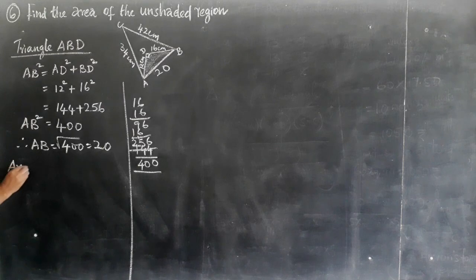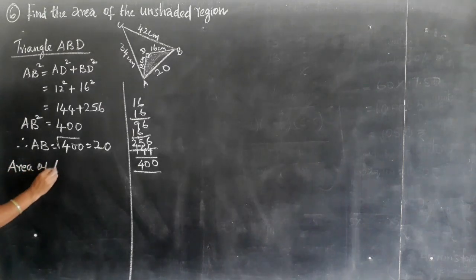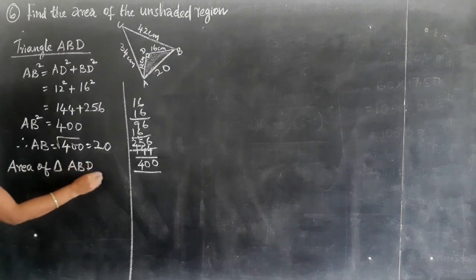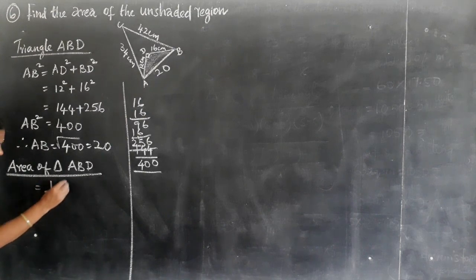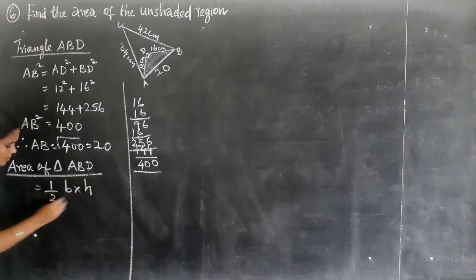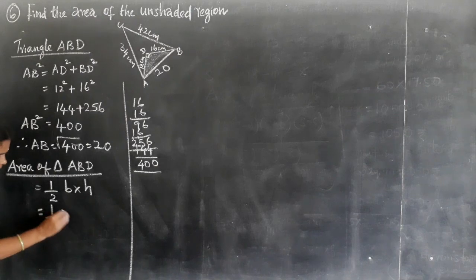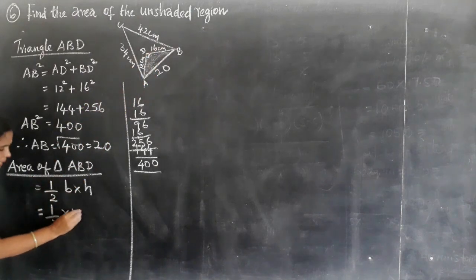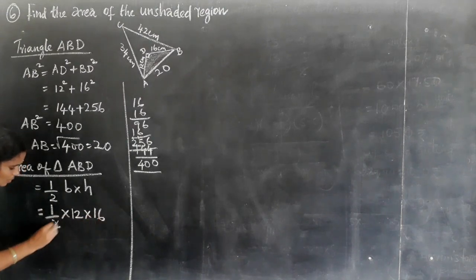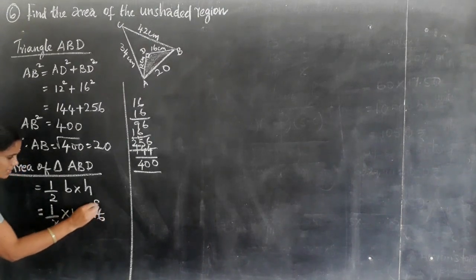Area of triangle ABD is equal to half base into height. So 1 by 2, base 12 and height 8.